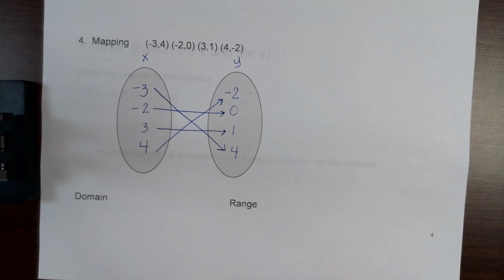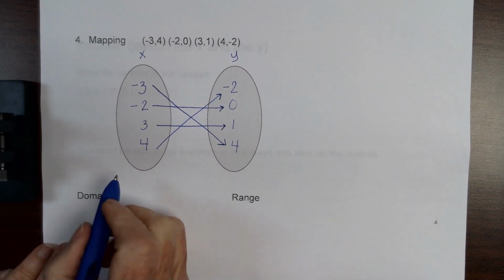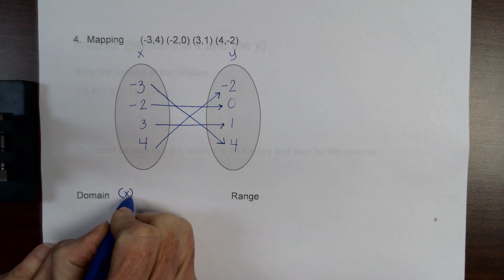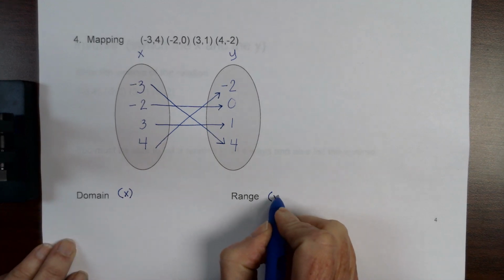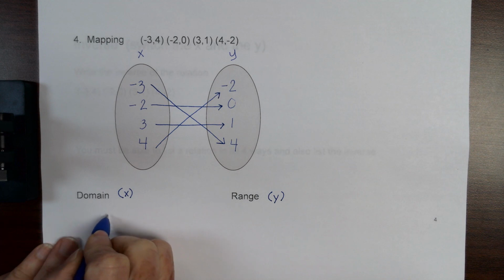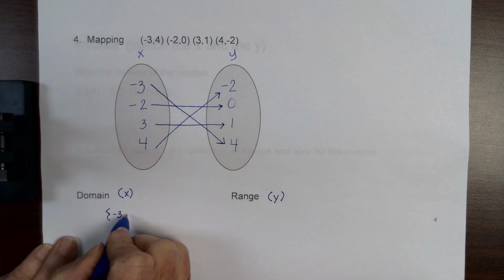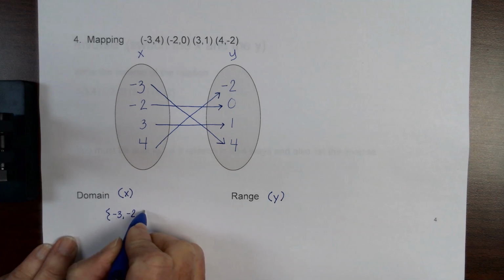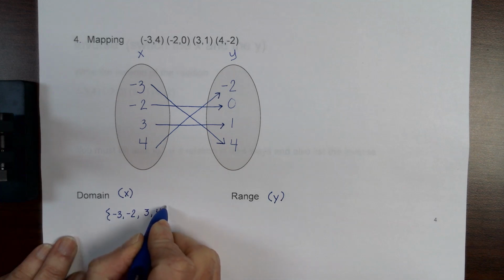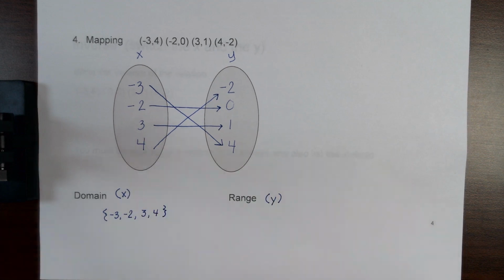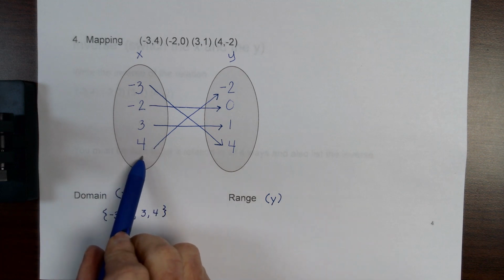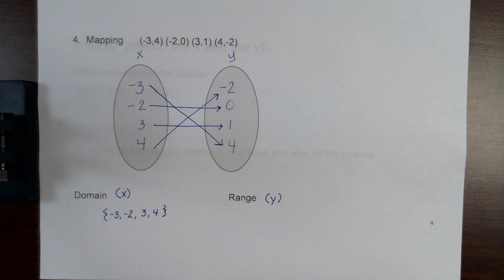From this, often they will ask you for the domain and range. The domain is just the list of all the x's, and the range is the list of all the y's. So the domain here, I can just go down my mapping, because again it needs to be in numeric order, smallest to largest, and none of the values are repeated. In this case none of the values were repeated, but let's say I had 2 4's, I'm not going to write 2 4's down here, and I'm not going to write 2 4's there if I have 2 x values that are 4.